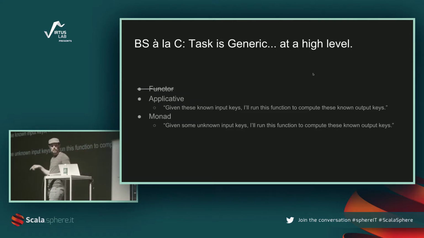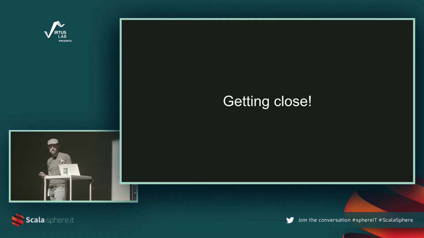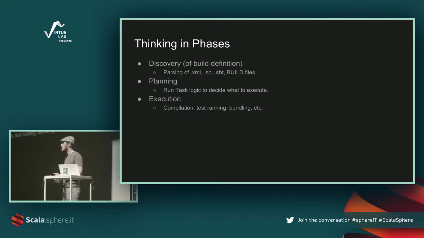That should probably be singular, but the output key would be singular. With a monadic system, given some unknown input keys, I'll run this function to compute these known output keys. Okay, cool. This seems like it's an important piece.